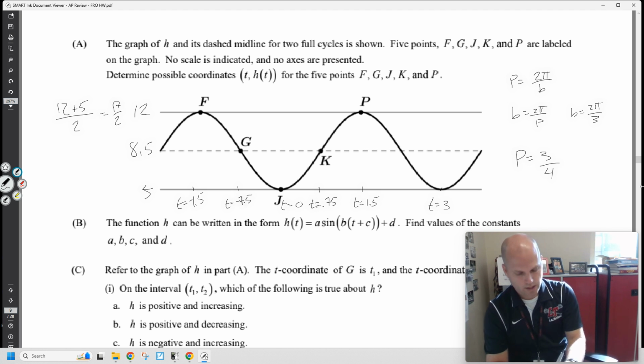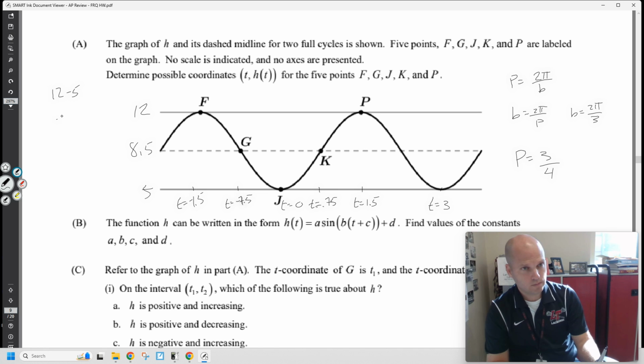So yeah, how did I find 8.5? There's lots of different ways. You could do 12 minus 5, which is 7. That's the total distance from 12 to 5. Divide that by 2 to get the amplitude. There's my amplitude.